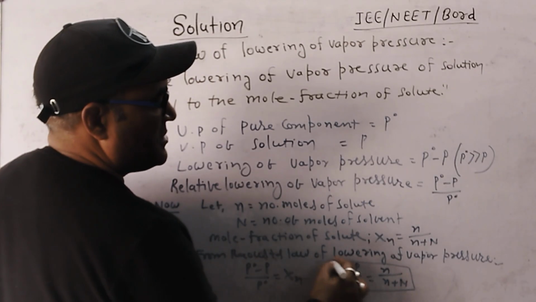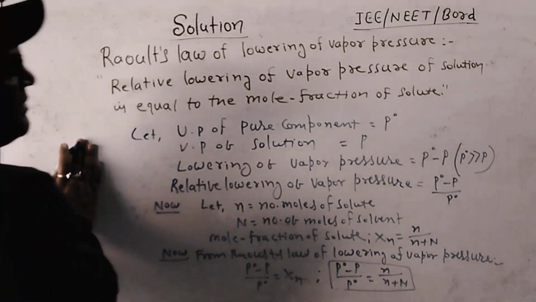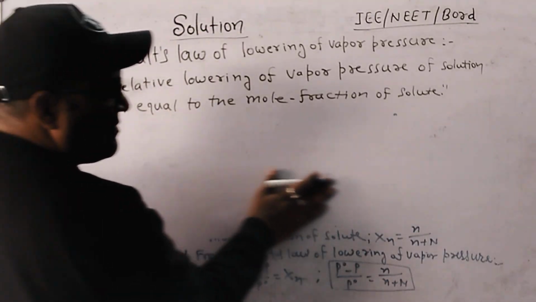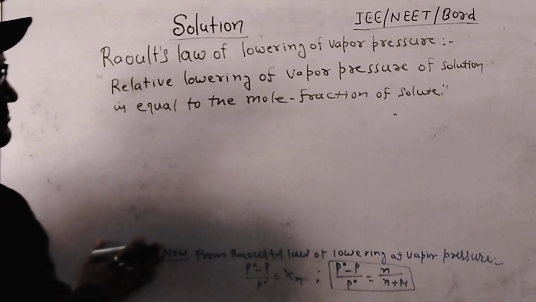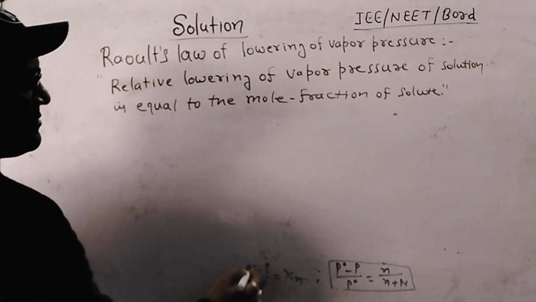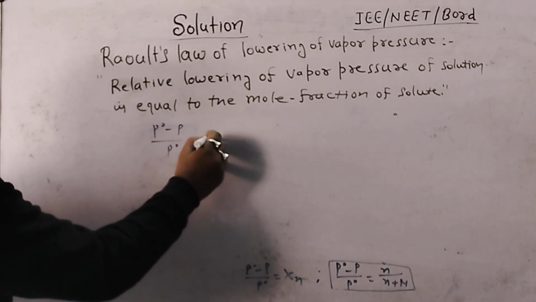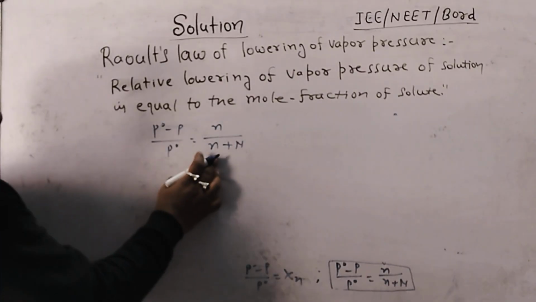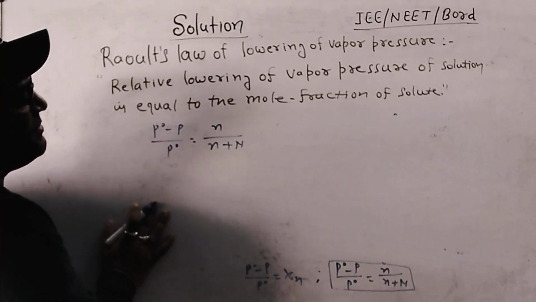Now you can take a screenshot. I will remove these contents, and with the help of these formulas we write P naught minus P by P naught is equal to small n by small n plus capital N. This part is the mole fraction of solute, and this part is the relative lowering of vapor pressure.